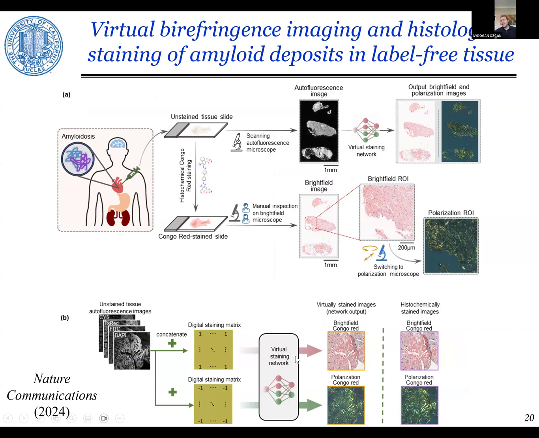This is actually a very exciting piece of work where we're taking autofluorescence of a native label-free specimen, and at the output of the virtual staining network, we're giving you one stain and a polarization channel of another microscopic contrast, which means you can do virtual birefringence imaging and virtual histology at the same time.